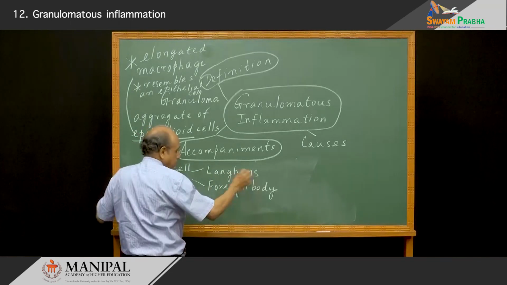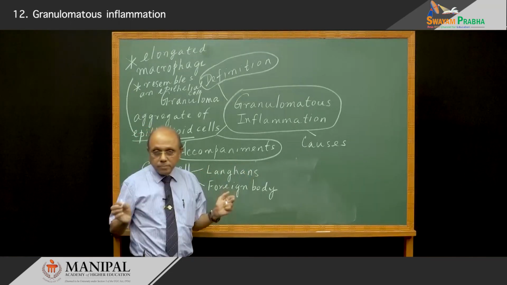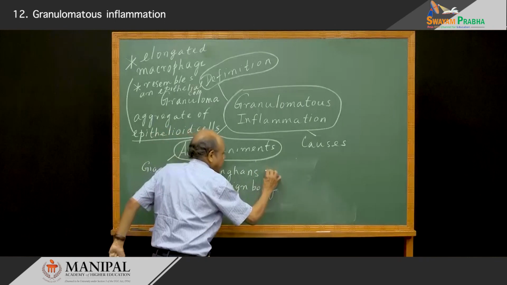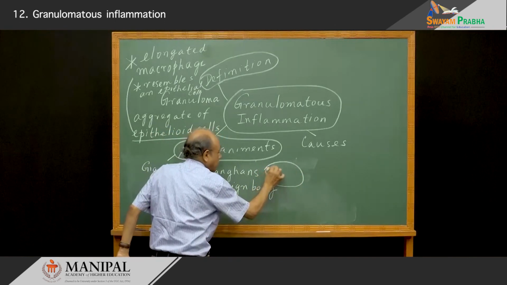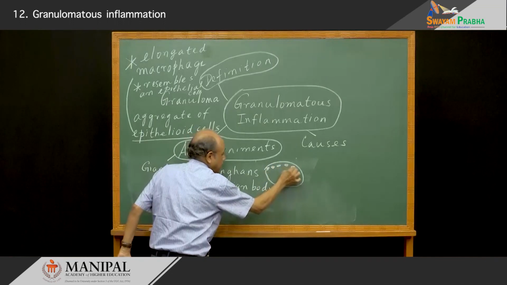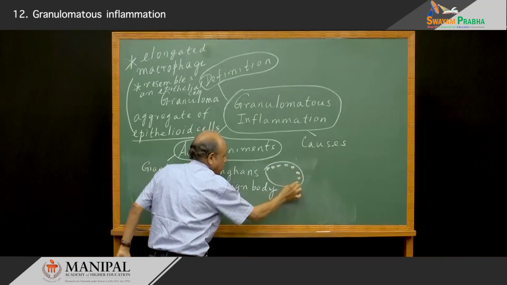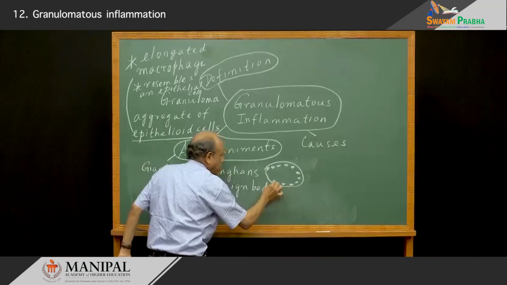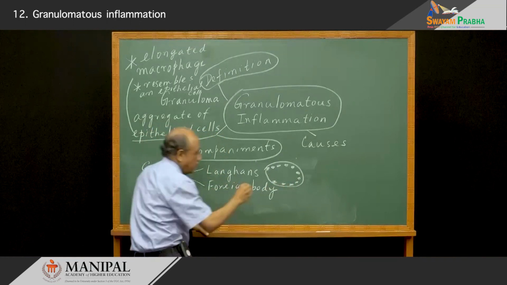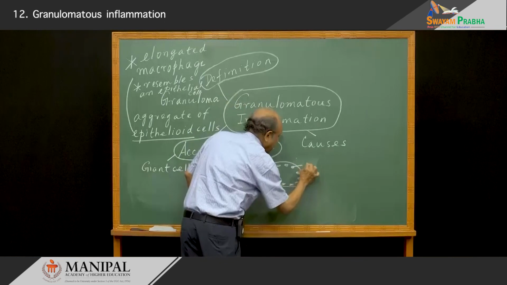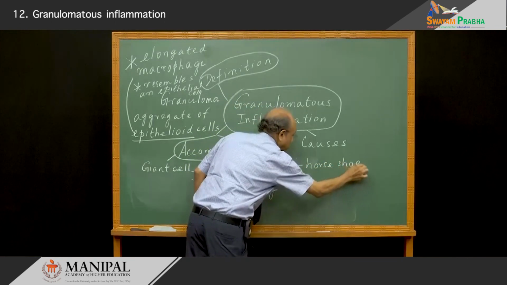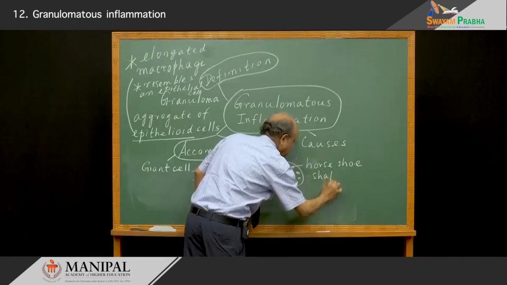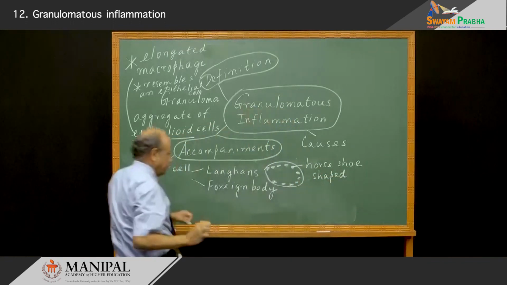The Langhans giant cell is the result of fusion of several epithelioid cells, and the nuclei are arranged in the periphery, and this arrangement is often described as a horseshoe shaped arrangement of the nuclei.